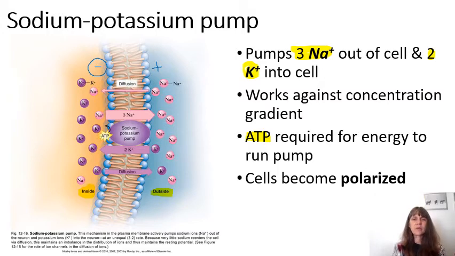If there were equal amounts of charges on both sides of the plasma membrane, there would be no excitability and there would be no polarity. The polarity only exists because there's a difference between positives and negatives. And you remember that opposites attract.